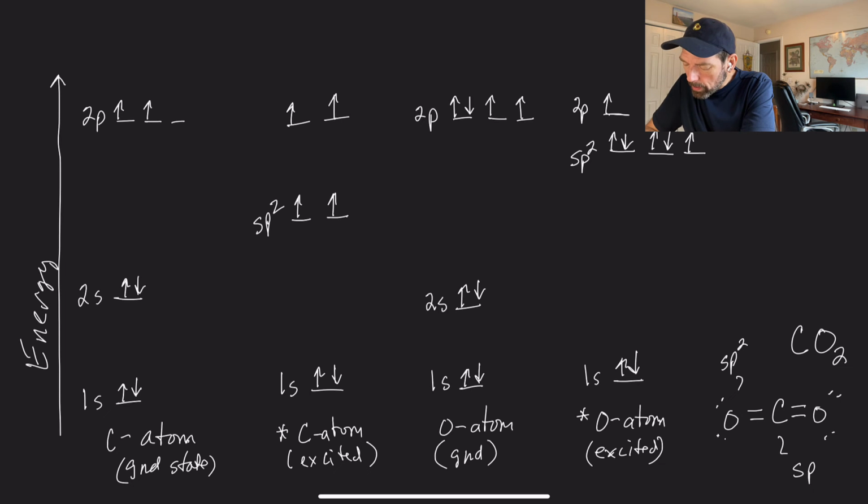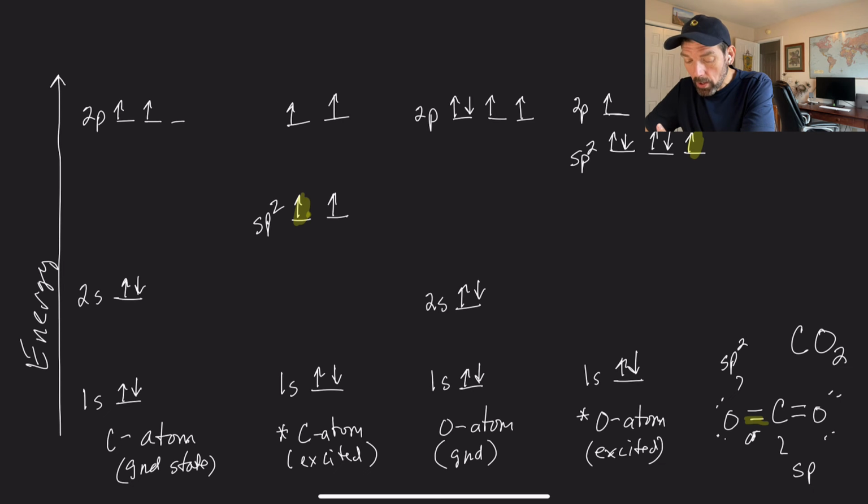The carbon is bonded to the oxygen atom. We know that that's going to create a sigma bond. All right. So let's see if what we have works. We need a carbon atom that's going to bond to an oxygen atom. Well, the carbon atom right here and the oxygen atom right there could fit what I have highlighted yellow.